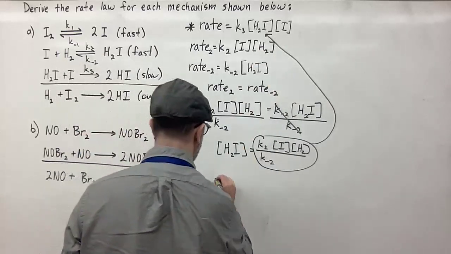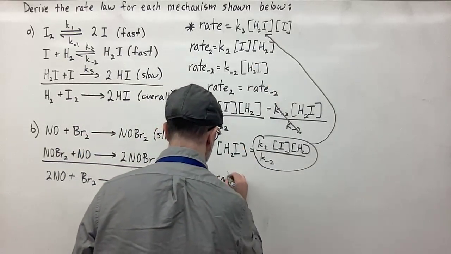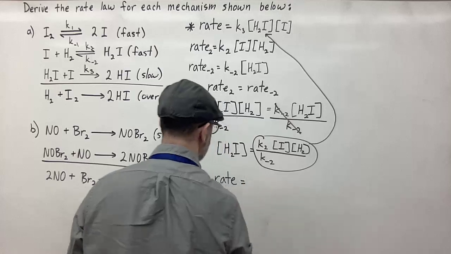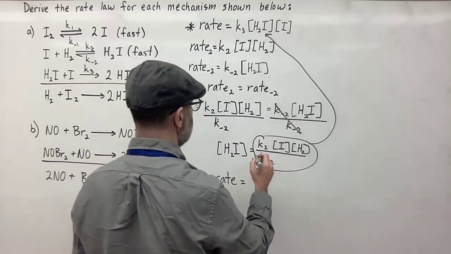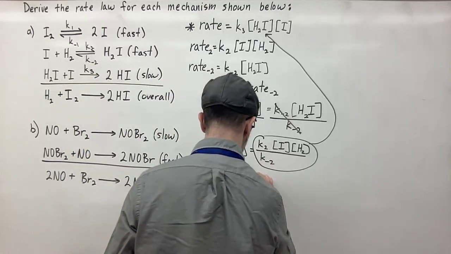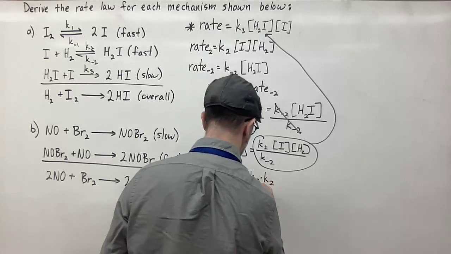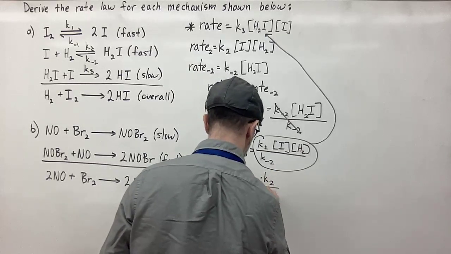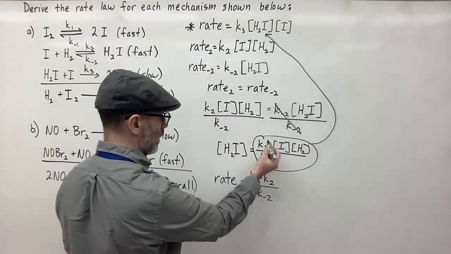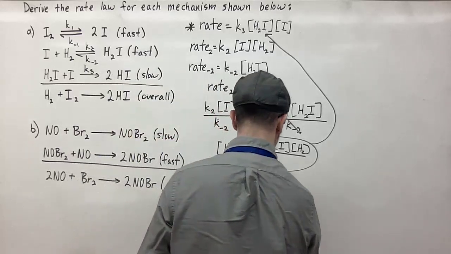When we do that, we get the rate is equal to K3 times K2 over K negative 2. So we've got that together.